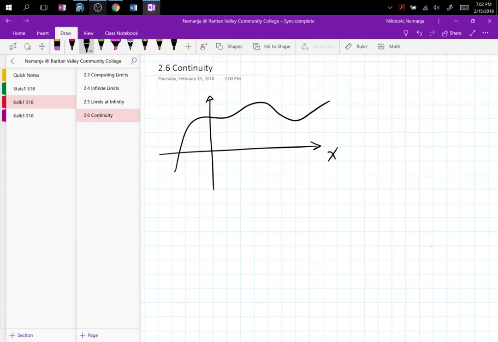If you are able to draw a function without lifting the pen or interrupting the motion, it would be continuous. And if you have to stop and jump to a different location, in that case, the function would not be continuous.